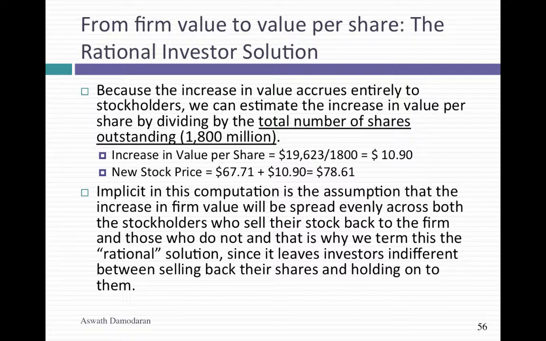Now that harkens a little bit back to microeconomics, and it's us being aware that, in a strict sense, the values embedded in prices are accurate values, and the incentive to buy or sell back shares becomes moot at this valuation of $78.61.